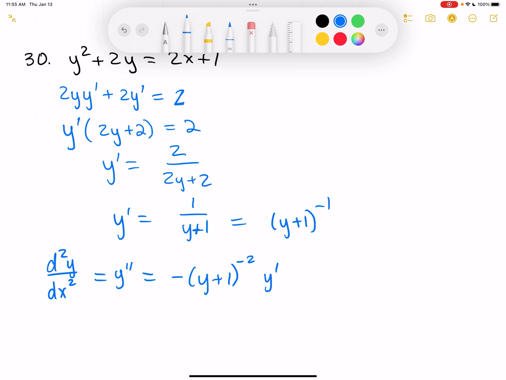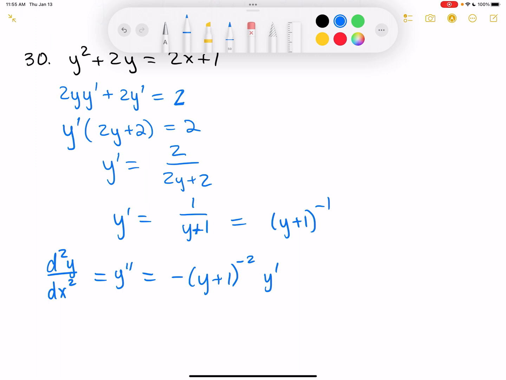So then this is where it gets kind of interesting. You have a y prime in your problem now, but y prime is equal to something. Y prime was equal to this. So we're going to plug that in for y prime.